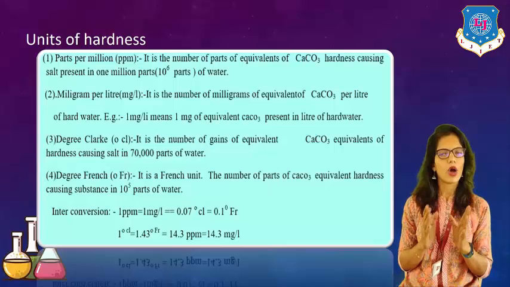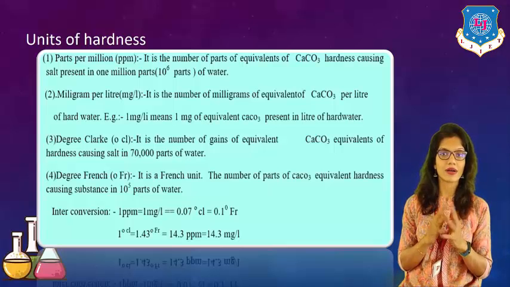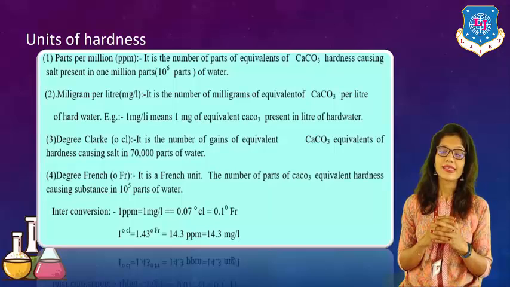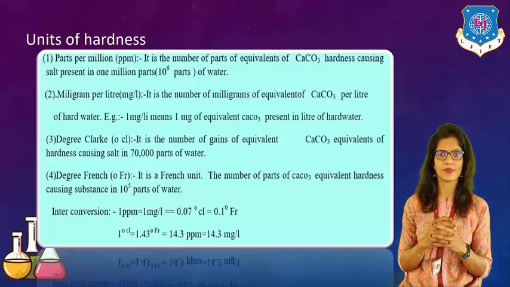Okay, now here third one is degree Clark. Degree Clark is the number of grains of equivalent CaCO3 present in 70,000 parts of water. Okay, here next or fourth unit is degree French.